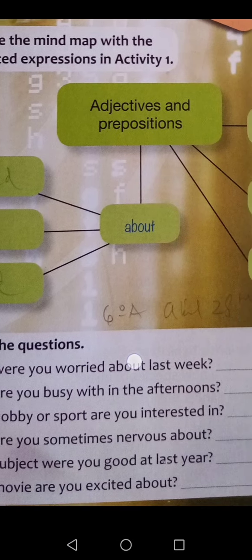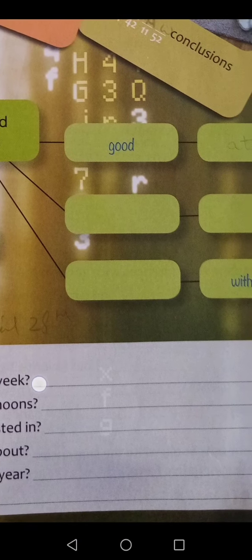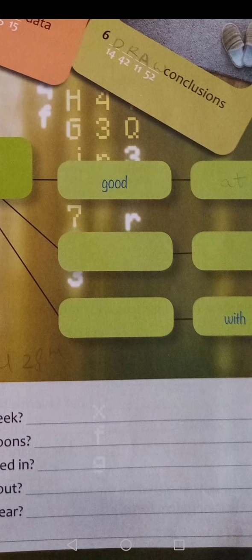Responden, I was good at, mantengan ese good at. I was good at math. I was good at science. I was good at PE. ¿Qué es PE? PE es physical education, right? I was good at history, etc., etc.